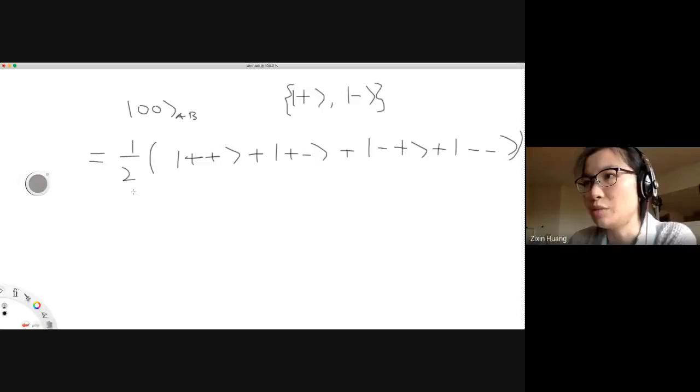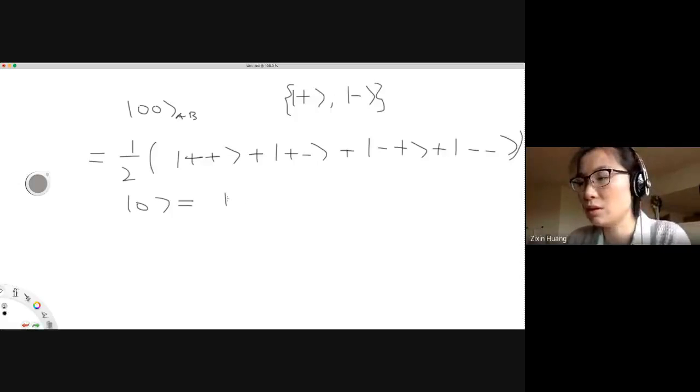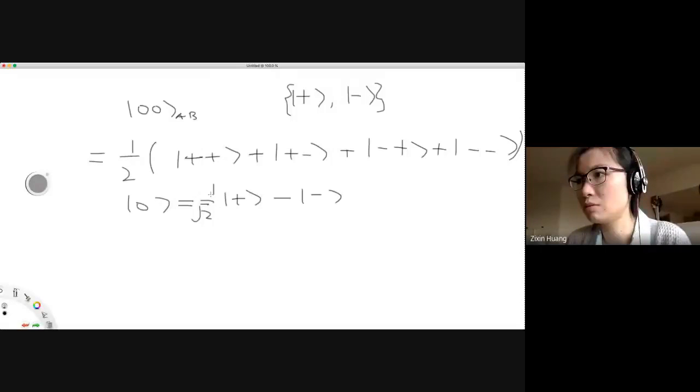If you want to check this, you can simply write 0 as, for example, a half of plus plus minus, and you can check that this is true. So when you substitute this into the tensor product, you end up with this whole superposition over here.